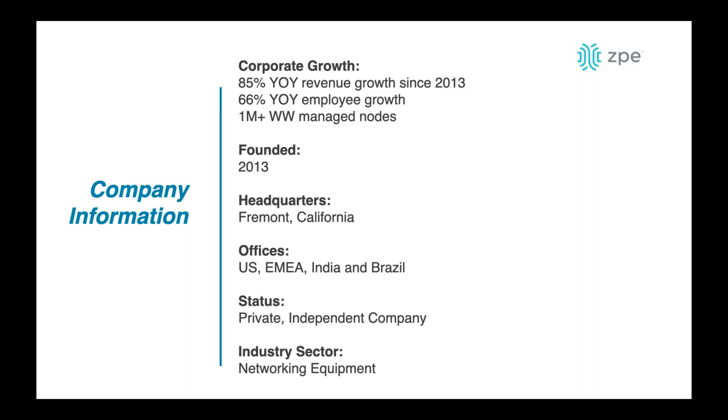Essentially, we are covering any vector in the business. We have offices in the US, EMEA, India, and South America, in Brazil to be more precise. We're currently a privately owned company, and our main focus is on providing a management platform to our customers.